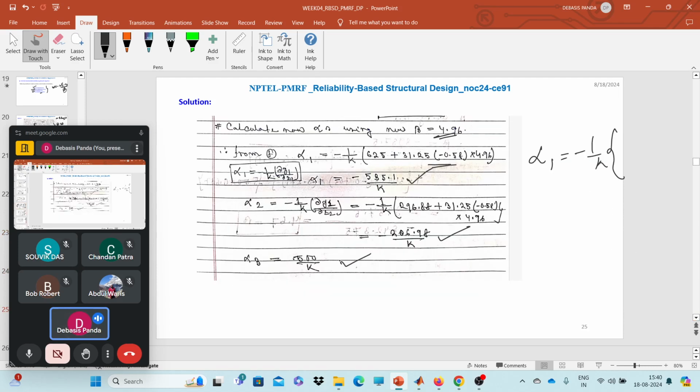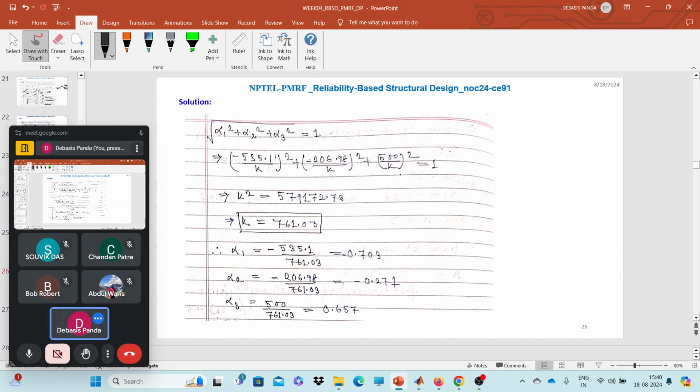So here we have the new alphas. Now we know the property of alpha, that alpha 1 square plus alpha 2 square plus alpha 3 square is equal to 1. Now put these values, you will find the value of k. So here I have solved this problem, just put it here. So you will find the k value.